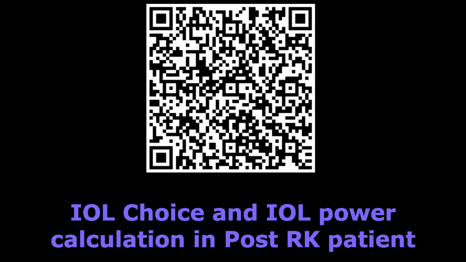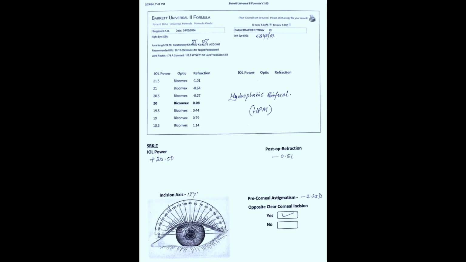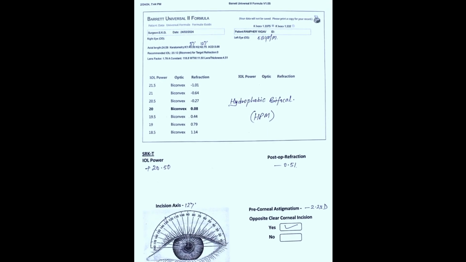The article which I have mentioned throws some light on this, and here we can see this patient's IOL power calculation sheet, and I have used the Universal Barrett 2 formula which takes into account few more issues which make the power calculation more accurate.